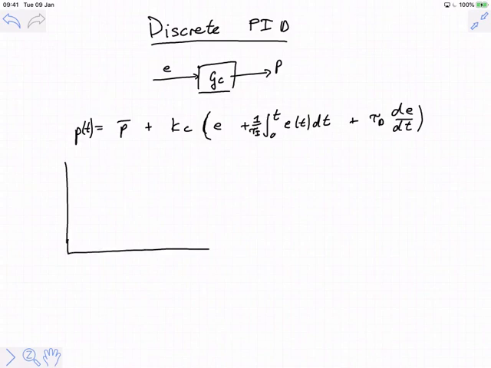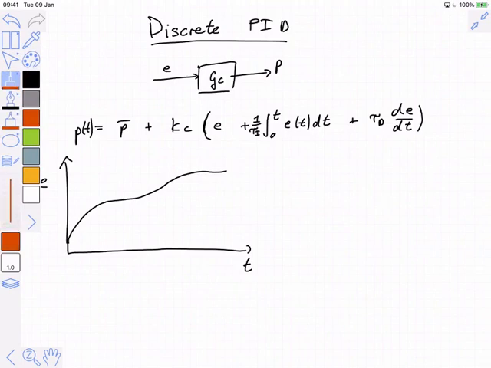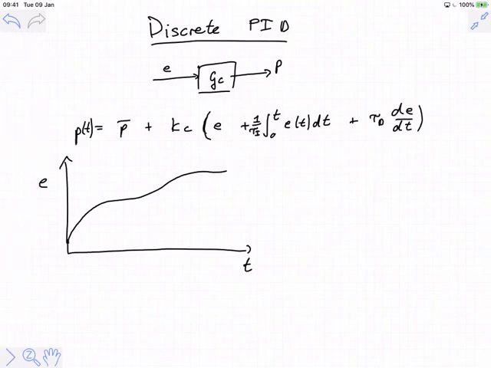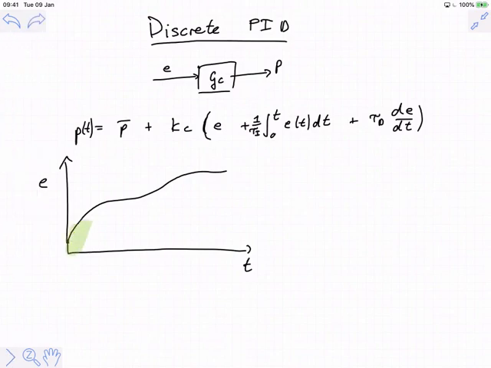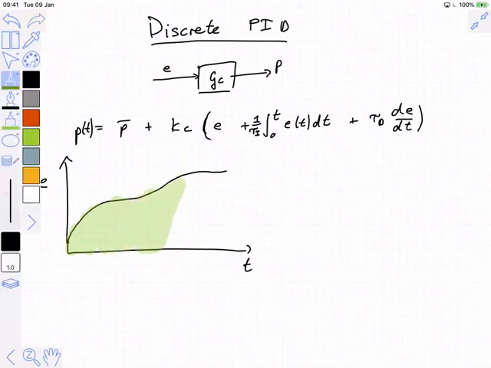And so at some moment in time, if the error did this over time, then in terms of the full analog version, the surface under the curve would be the integral.